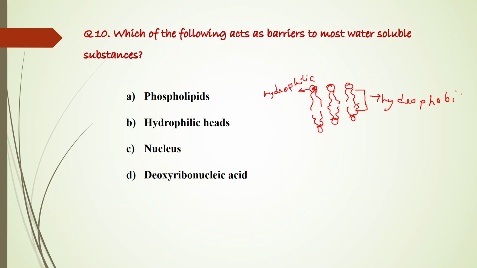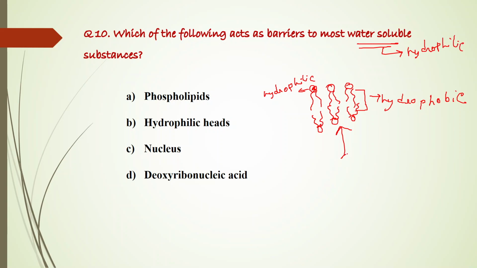Now because of that, whenever you put some water soluble substance and you want to take it through this membrane, it will not be able to pass easily. It will be hindered because the inside of this membrane is hydrophobic. Any water soluble substance is a hydrophilic substance.